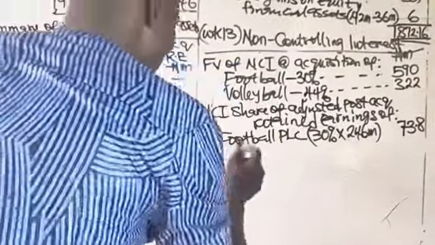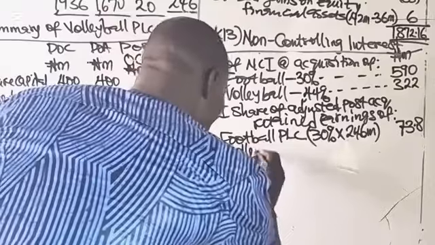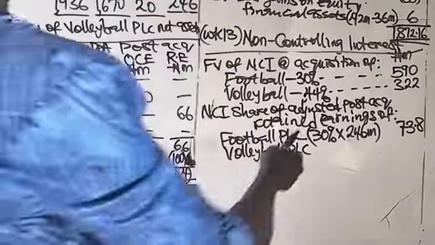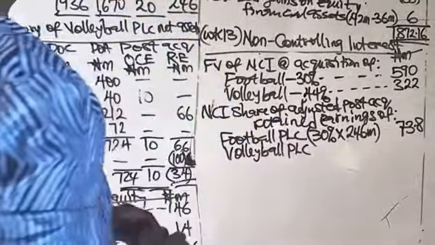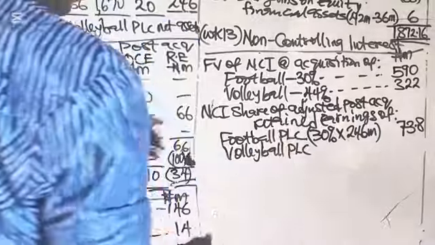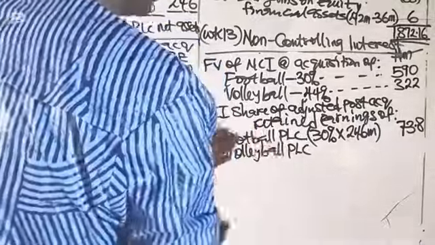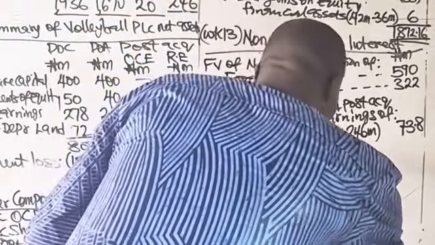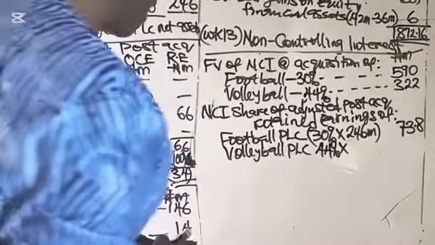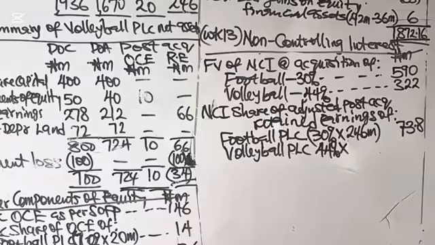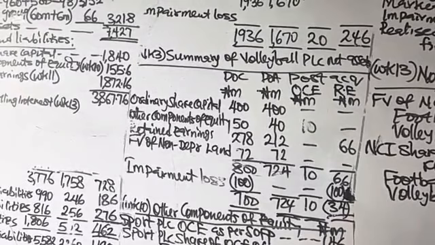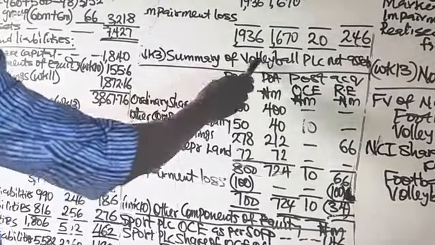Then that of Volleyball PLC. Remember the percentage attributable to NCI on acquisition of Volleyball, after the effective interest of Sport PLC in Volleyball PLC was determined, was 44%. So you have 44% of the adjusted post-acquisition retained earnings of Volleyball PLC. Now let's go through the summary of Volleyball PLC net asset.